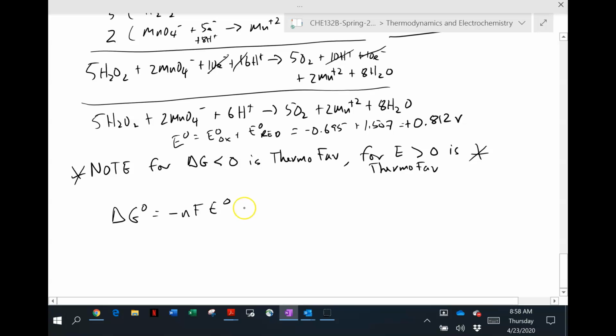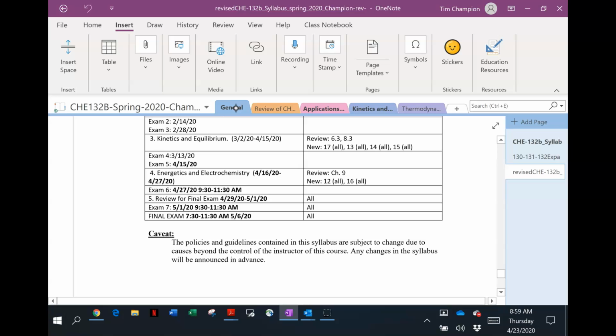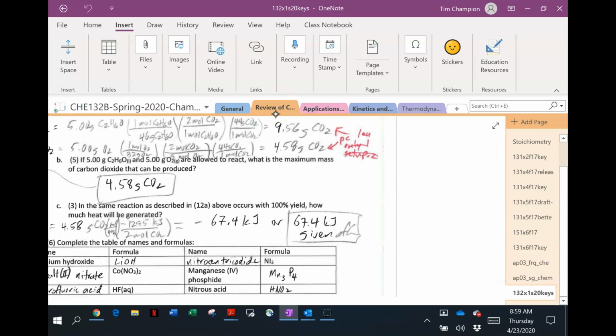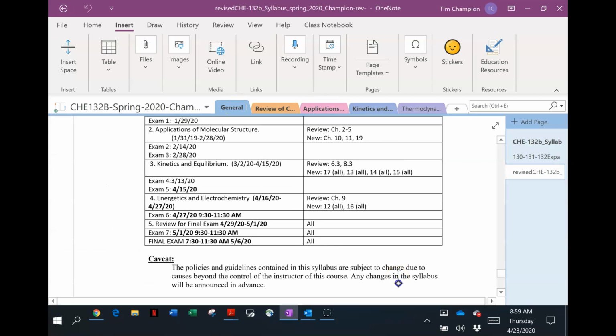We said above that we got 10 electrons being transferred. The Faraday constant is on the formula sheet. If we go back to the general section, or I guess it's in the review. Well, I feel like I should have the formula sheet here.